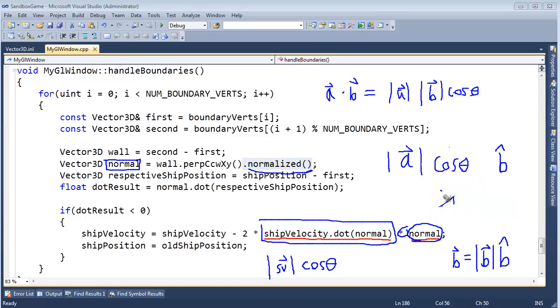That cancels. That leaves 1. I can erase all that. That leaves magnitude of A times the cosine of theta times the unit length vector of the vector that we are projecting onto. Okay, this is exactly what we wanted. This is exactly what we have down here. Hopefully I didn't muddy the waters there too much, but that's exactly what we want.